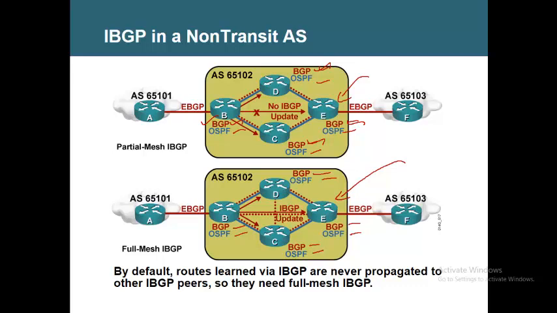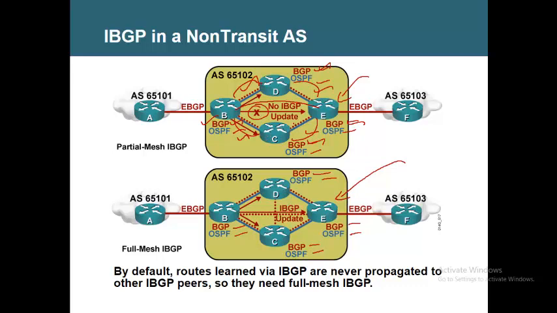The main difference is peering. Here we are peering with D and C, and D is peering with E, and C is peering with E, but B is not peering with E. There is no peering.